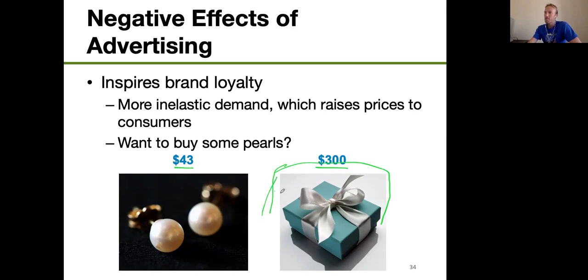But it doesn't come in the nice little box, okay? Tiffany's just got you for $257 extra dollars, just because they did some advertising and convinced you, or more likely your significant other, that it was worth that extra $257, right? They got you. This sort of brand loyalty is actually detrimental from a societal standpoint if we put on our socially benevolent dictator hat, okay?